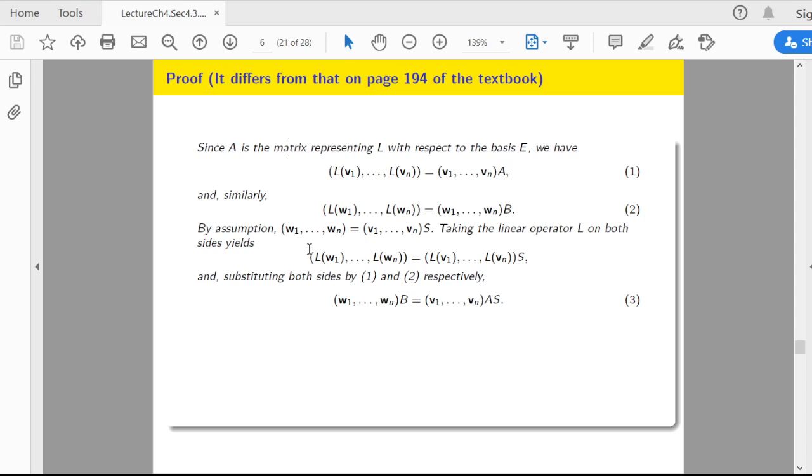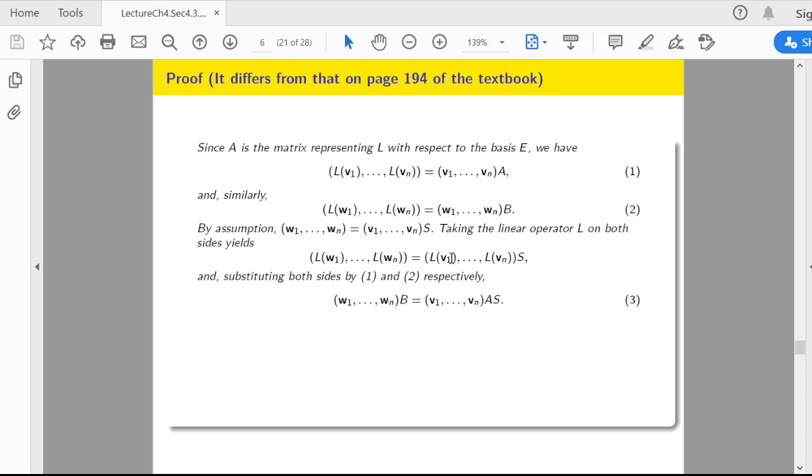By the assumption we have the transition matrix S, which means [W1, W2, ..., Wn] equals [V1, V2, ..., Vn] times S. Now for this equation, on both sides we apply the linear operator L. Then the left side is LW1, LW2 to LWn, and the right side we get LV1, LV2 to LVn.